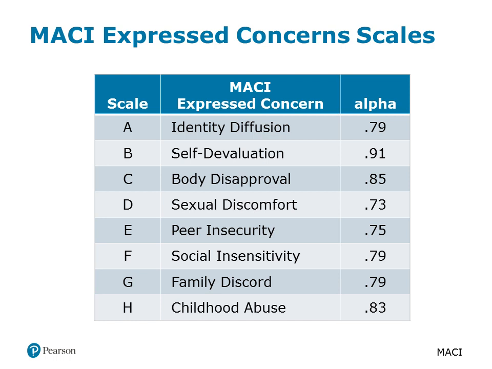The expressed concern scales, I mentioned there are 8, pretty much focus on feelings and attitudes that tend to concern troubled teenagers. So troubled teenagers may be unsure of their identity, or if they are sure of who they are, they may be dissatisfied with their self-image. They may disapprove of their body. They may be confused about sexual thoughts and feelings.